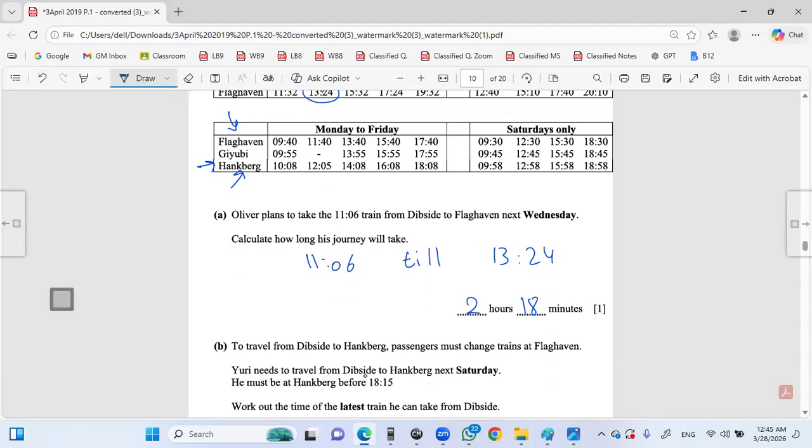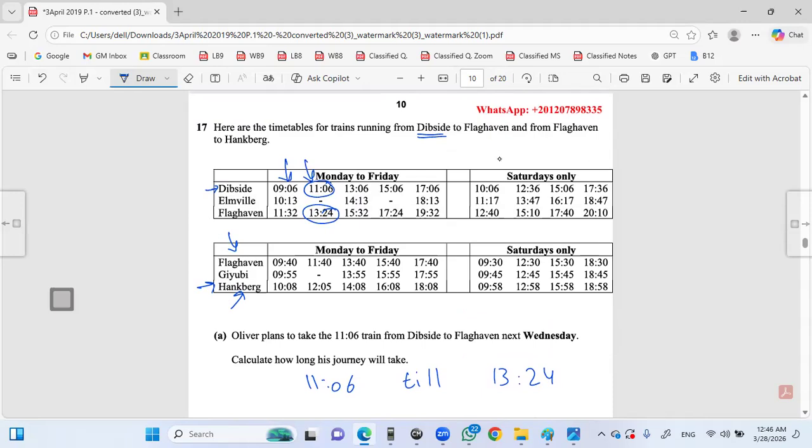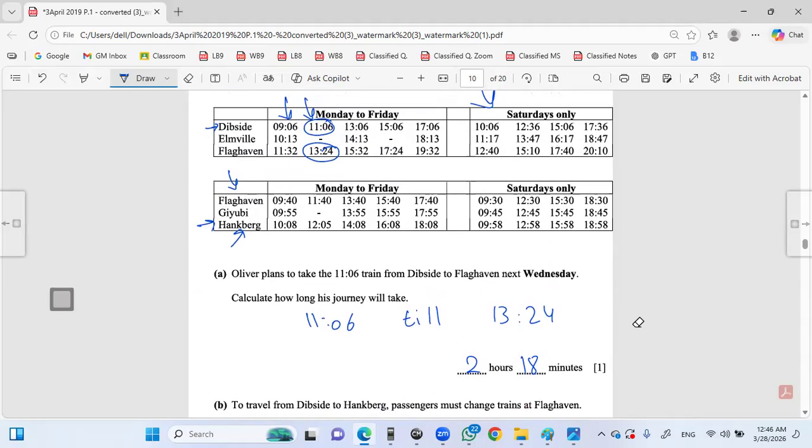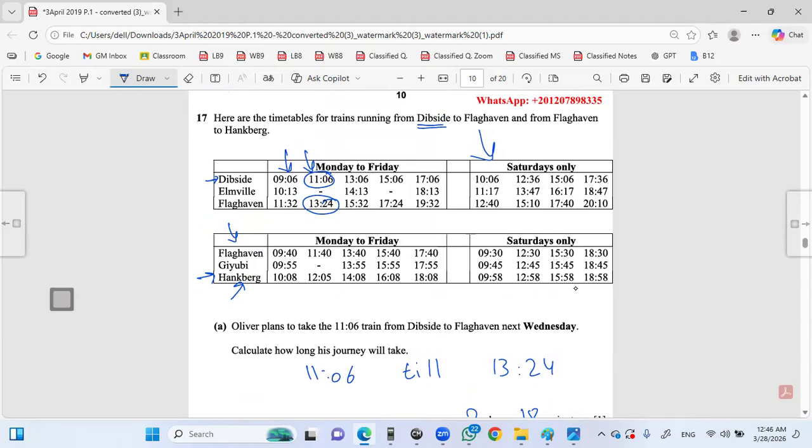Yuri needs to travel from Dipside to Hangberg next Saturday. Okay, so we are here. He must be at Hangberg before 18:15. Before 18:15? Okay, so he cannot take this one. He can't come here.